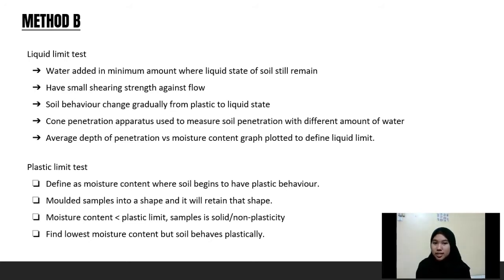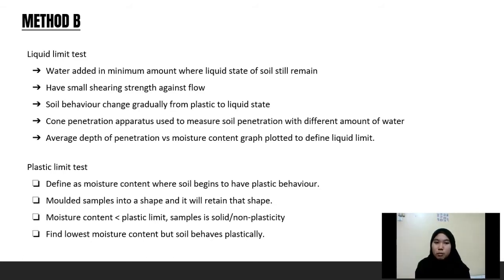The plastic limit test is defined as the moisture content where soil begins to have plastic behavior. Unlike the liquid limit test, where we add just a minimum amount of water because we want to remain in the liquid state, in the plastic limit test we add more water because we want the soil to change to plastic behavior.